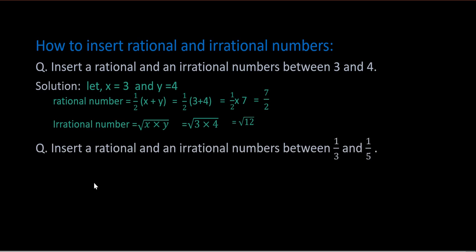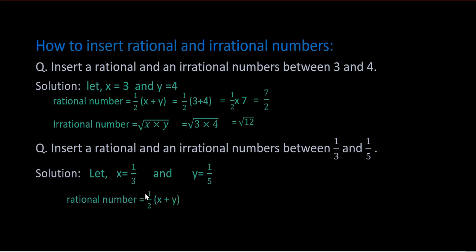Similarly, we can solve another problem, that is insert a rational and an irrational number between 1 by 3 and 1 by 5. So the same method we will be using: let x equal to 1 by 3 and y equal to 1 by 5. Now rational number equal to 1 by 2 into x plus y. So we can write here 1 by 2 into 1 by 3 plus 1 by 5.